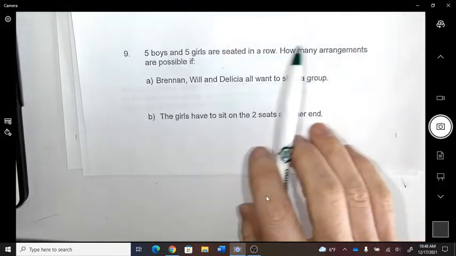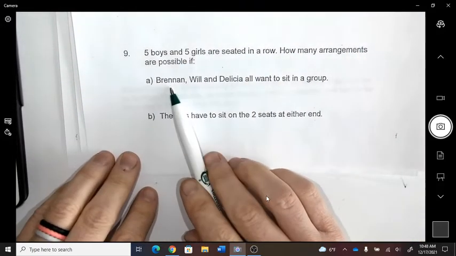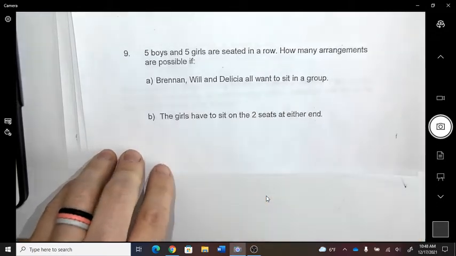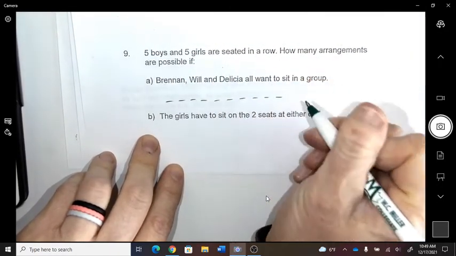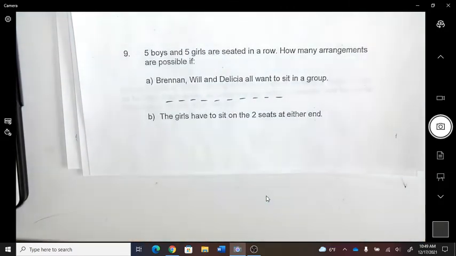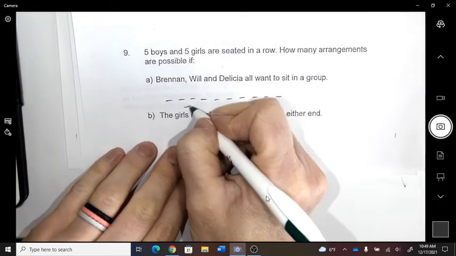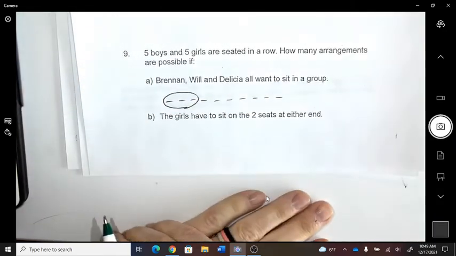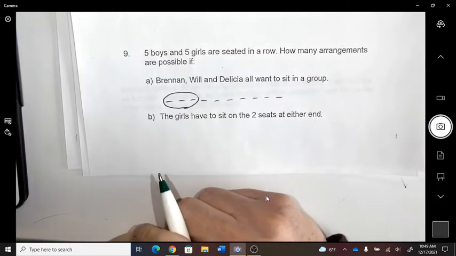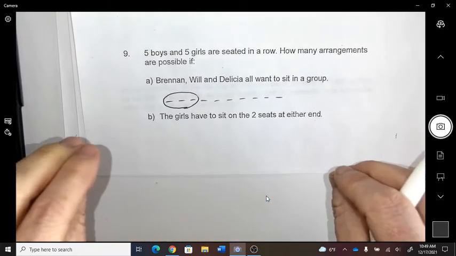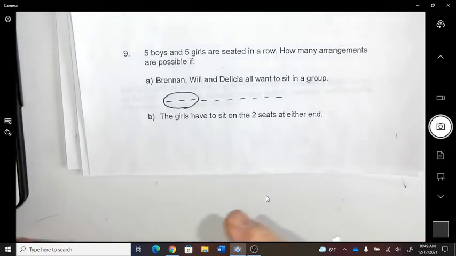5 boys and girls are seated. How many arrangements if Brennan, Will, and Delicia all want to sit in a group? So there's 10 people, and 3 of them are sitting together. So, how many different groups am I now arranging around?